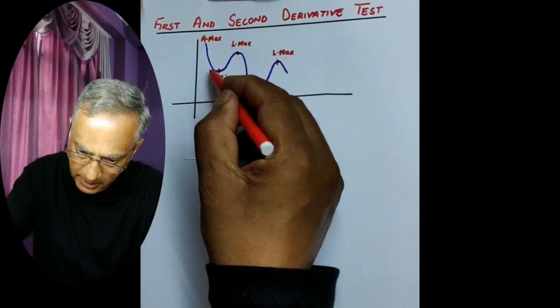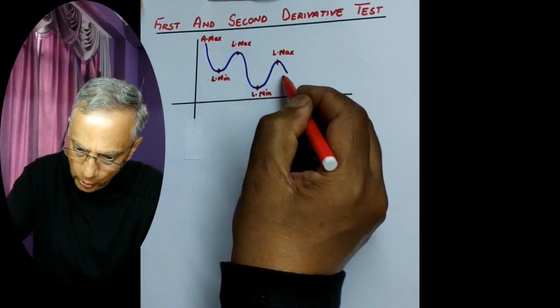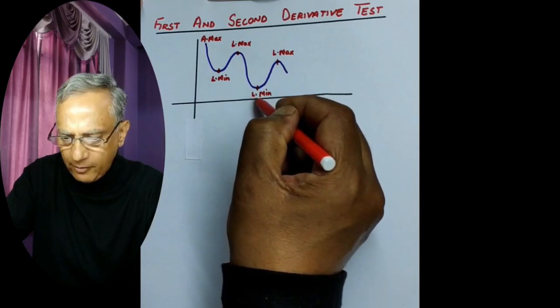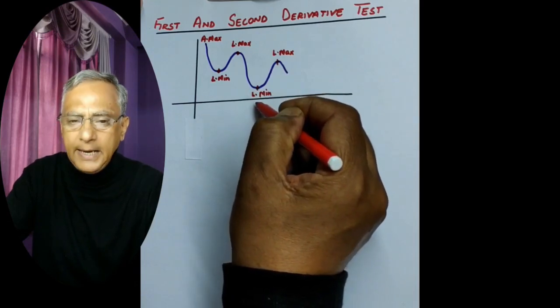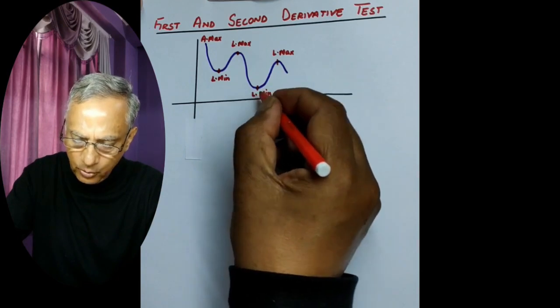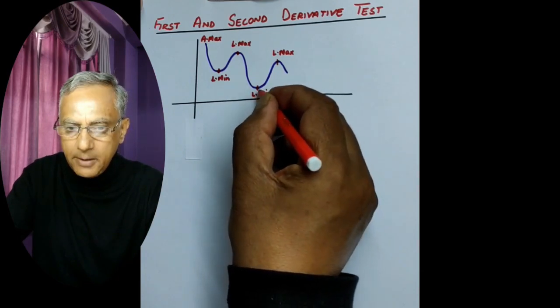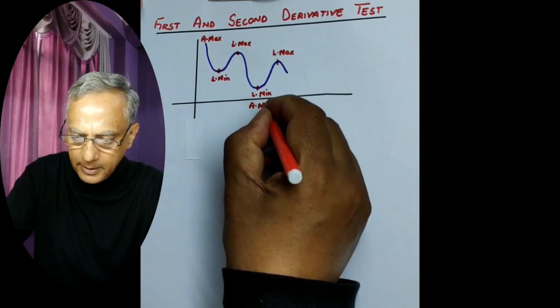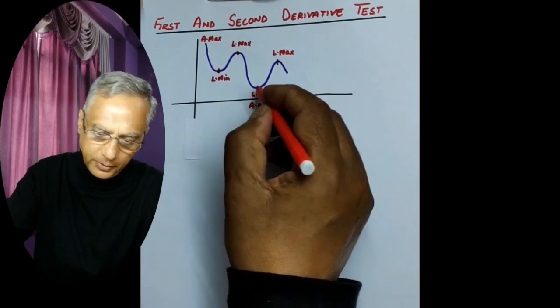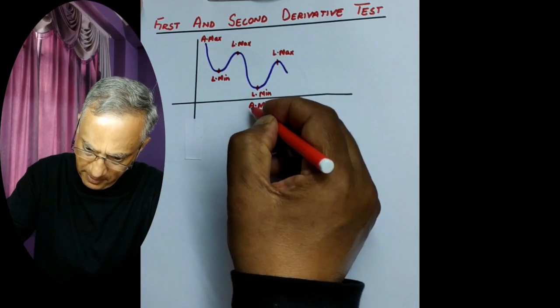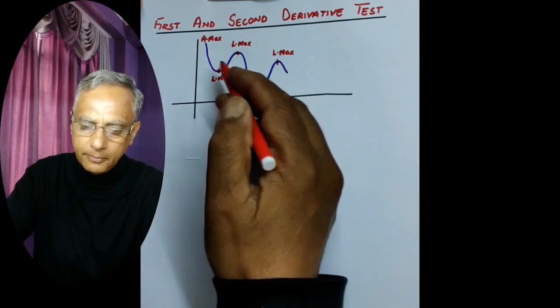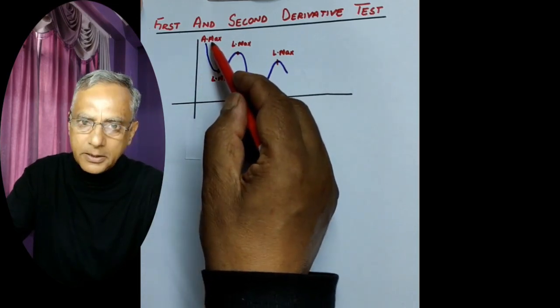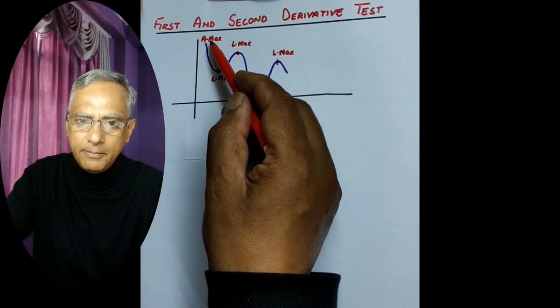And absolute minimum. Absolute minimum is this. No other value is smaller than this. So this value is local minimum as well as absolute minimum. This value is absolute maximum but not local maximum.